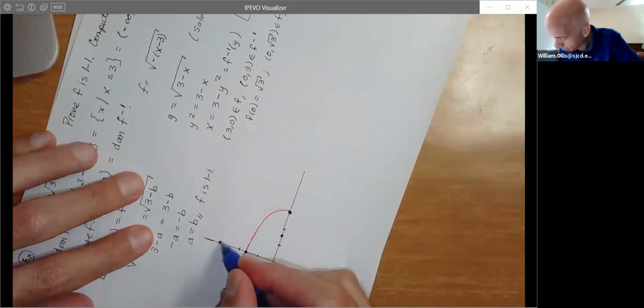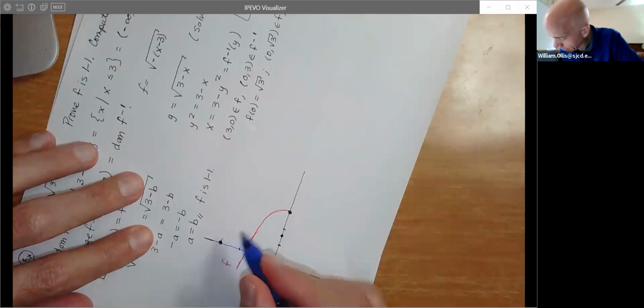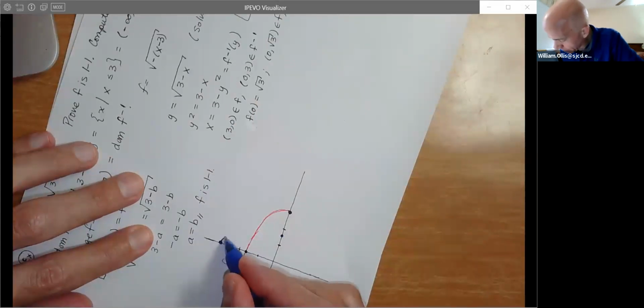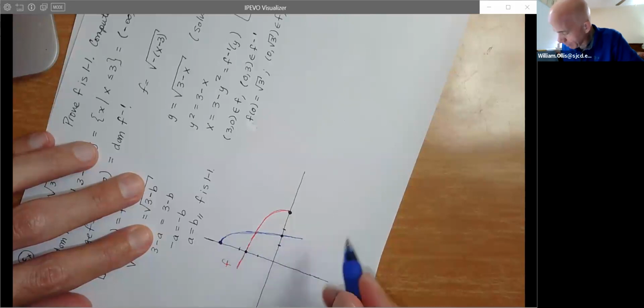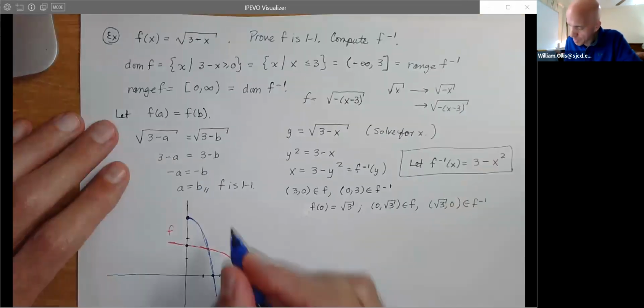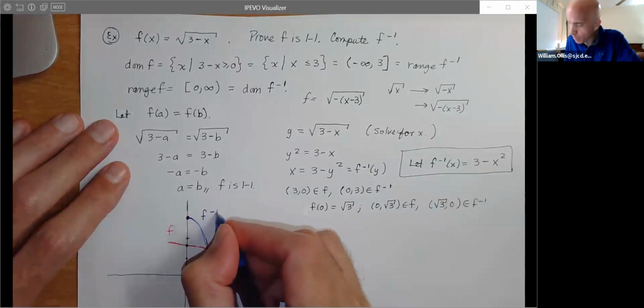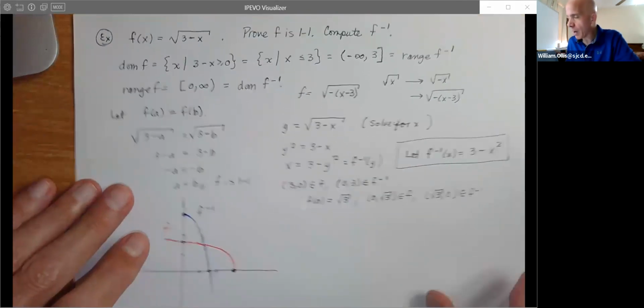We've got basically a parabola here. So this is f inverse. Now you don't have to be Rembrandt here. Obviously Professor Ron is not Rembrandt.